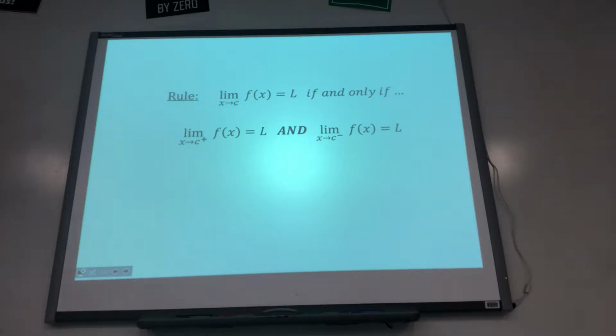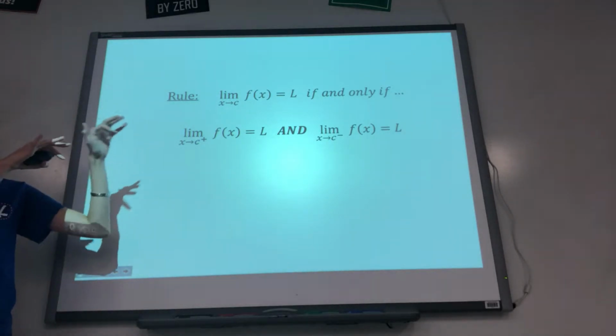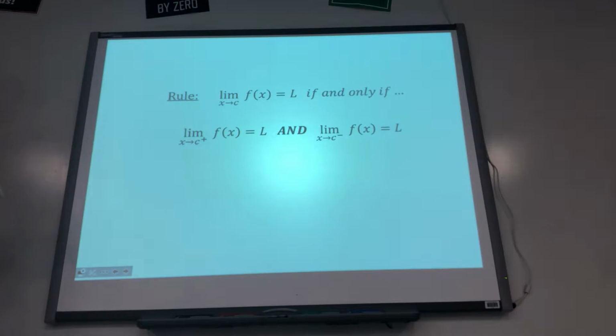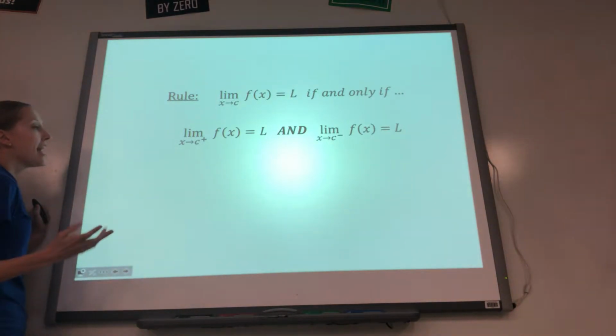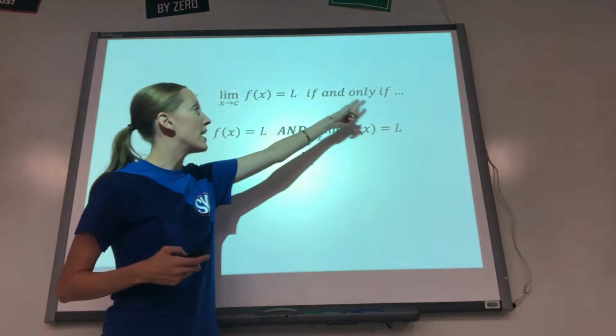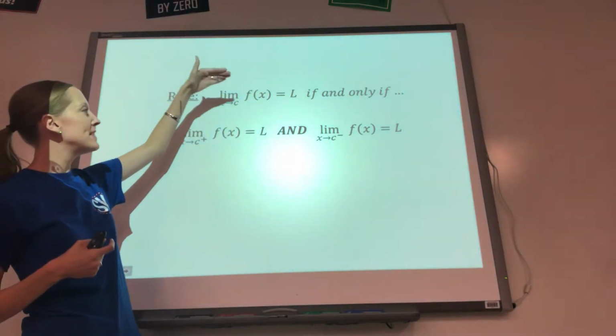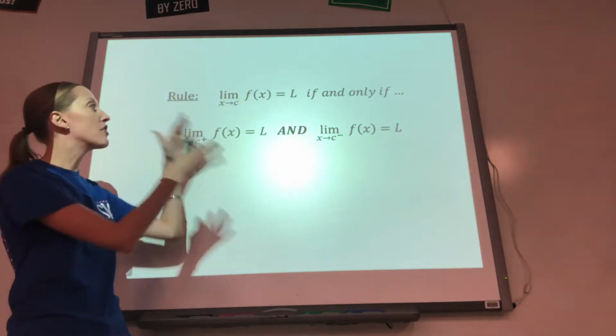And again, this is something that we talked about yesterday, like the last few examples where there was 3 parts. Part A was the limit from the right, part B was the limit from the left. I told you guys yesterday, if you get the same answer for A and B, then the answer to part C should still be that answer. That's basically what this rule is saying. And the if and only if right here actually means that you can kind of go either way.